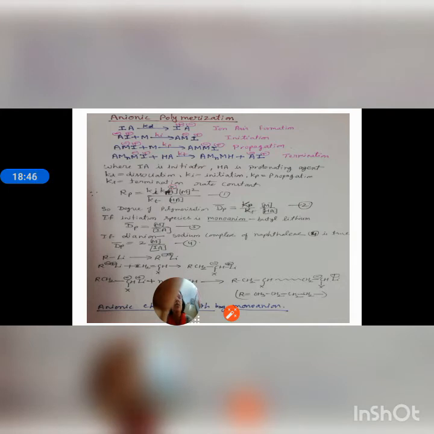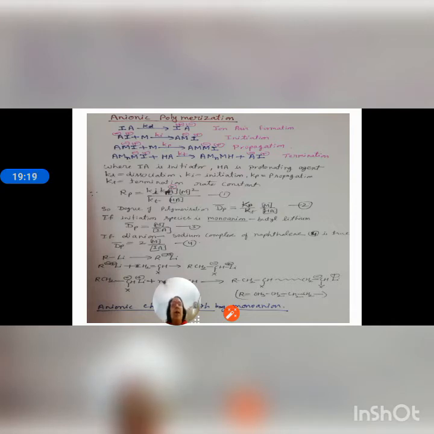By equation 2, degree of polymerization is Kp upon Kt, M concentration upon HA concentration. If the initiating species is monoanion, then DP equals M upon IA, equation 3. If dianion species, then DP equals 2 into M concentration upon IA.